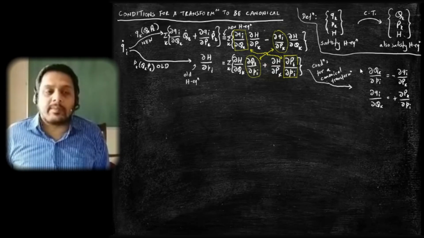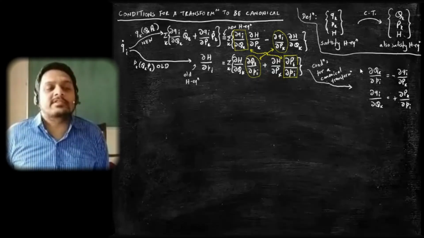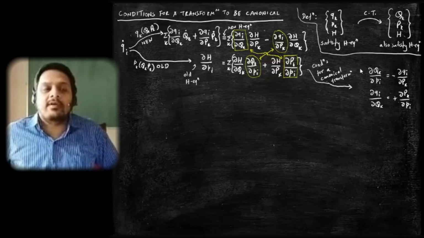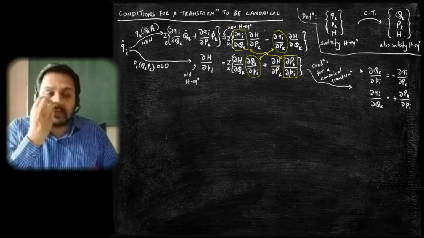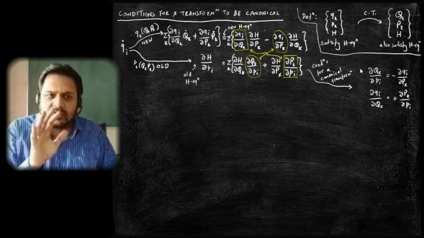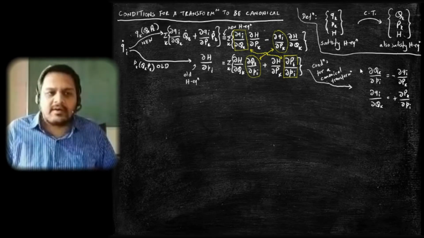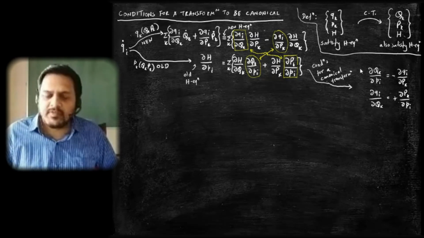But suppose you are not able to figure out the generating function, these two sets of equations basically give you the criteria for comparing small q and capital Q. If they satisfy these conditions, then you can be comfortable that yes, boss seems to be okay, that we can try to use this as the basis for our discussion. Okay?